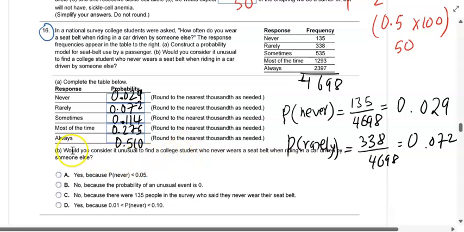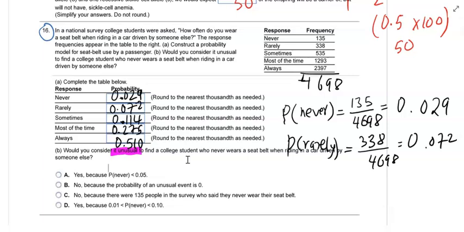And part B is, would you consider it unusual? Notice that an unusual event is an event which has a probability less than 5%. In other words, a probability less than 0.05 makes the event unusual.